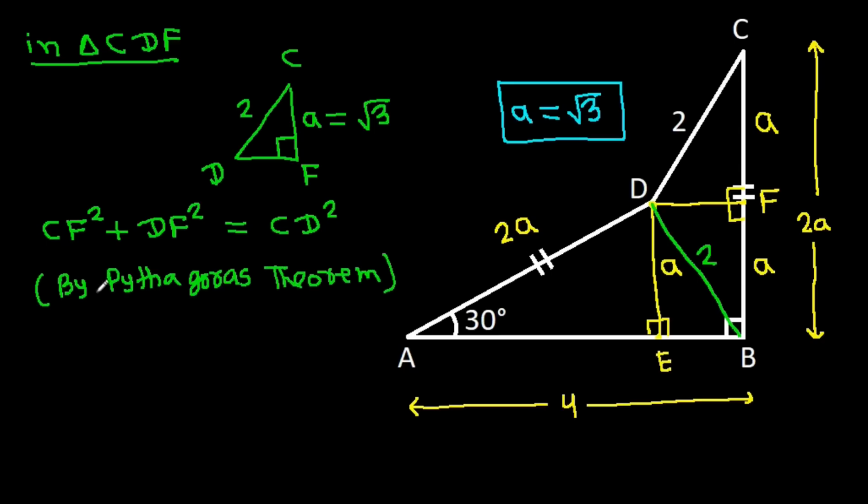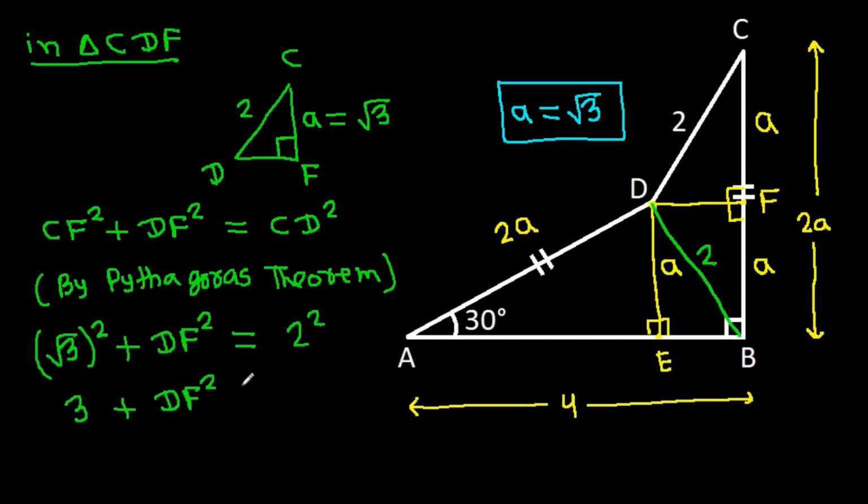So (square root of 3) square plus DF square is equal to 2 square, and 3 plus DF square is 4.